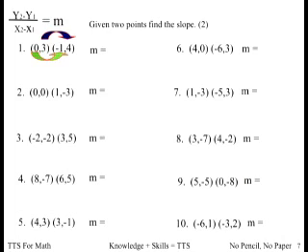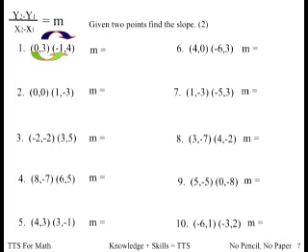Now, you've got the point 0, 3, and you have the point negative 1, 4. So we're going to draw the little half a moon, and it's going to go from y to y. So 3 is the second y, and 4 is y for the other point because it's second. So from 3 to 4, think about the number line.